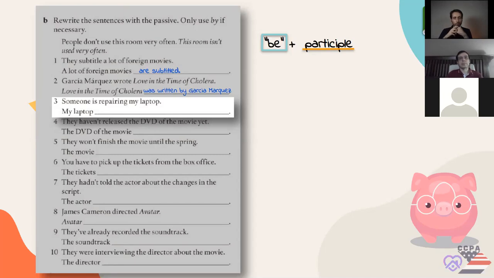Present perfect. Our action over here is repairing, with the ing there. How do we call that one? Do you remember that? We call this the present continuous, right?